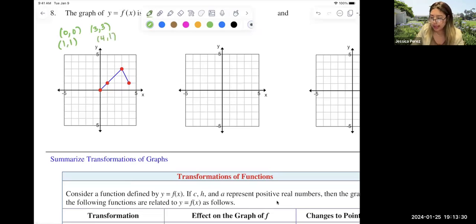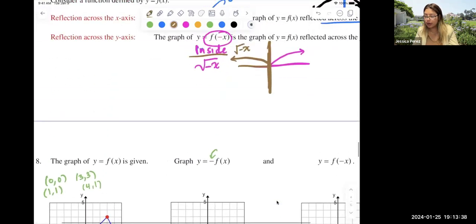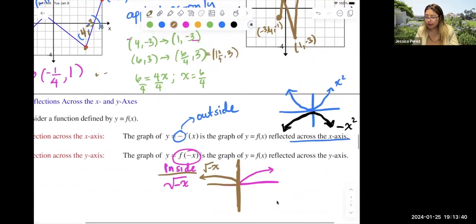So what's going to happen if there's a negative on the outside? It's going to be a reflection across the x-axis. So notice that my x values are still the same, but what actually changes is the y value.